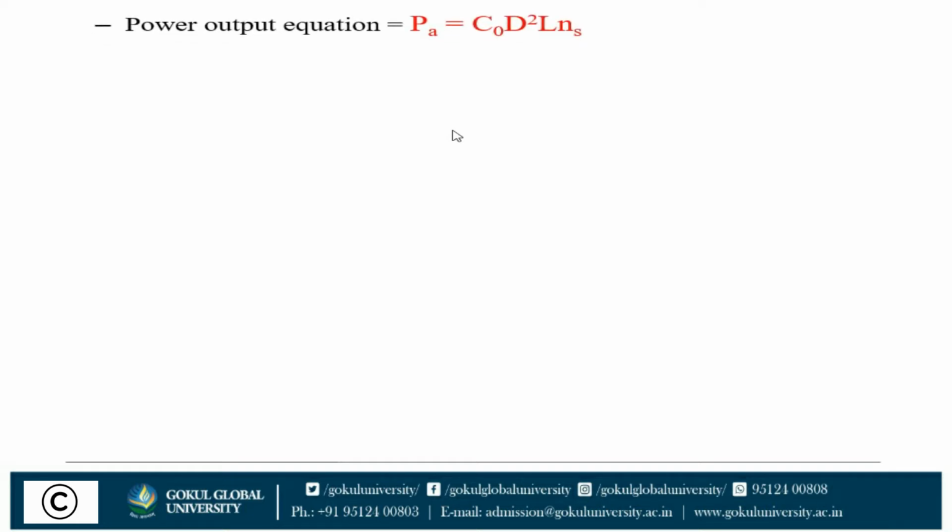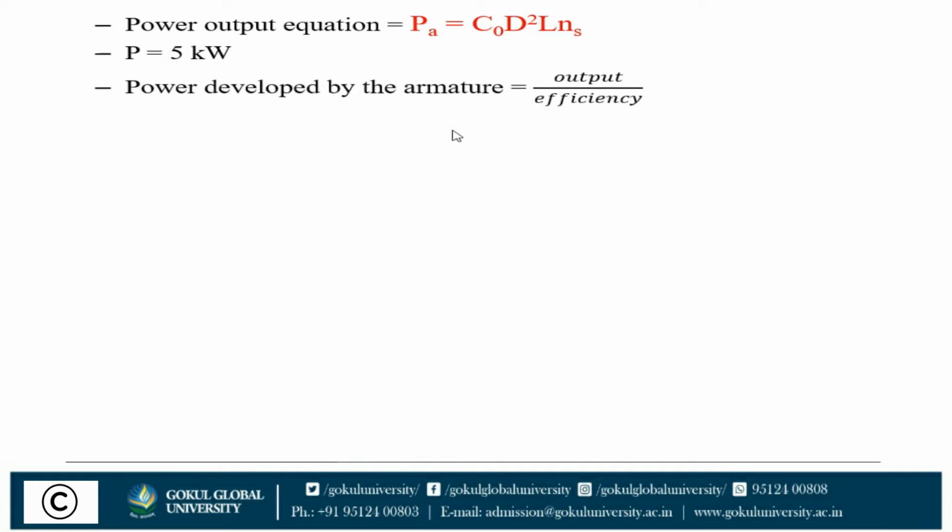First, the power output equation: P is equal to C0 D square L ns. What is the value of P? P is equal to 5 kilowatt. That is the total power, but we have to compute PA, meaning armature power. So how to find out PA? The power developed by the armature PA is equal to output divided by efficiency.